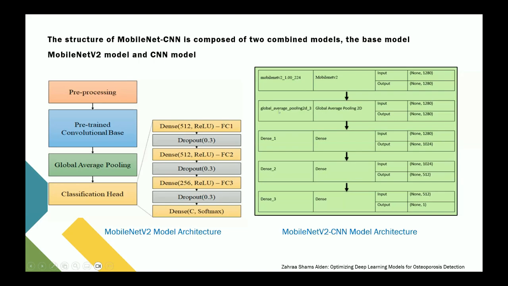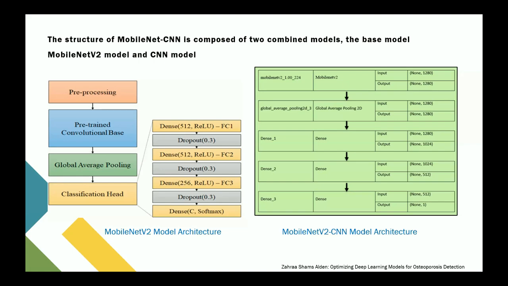After using MobileNet, we used a global average pooling 2D. The input shape represents the extracted feature map, which is 1028 feature maps from the MobileNet. This feature map contains rich spatial information extracted from this model.